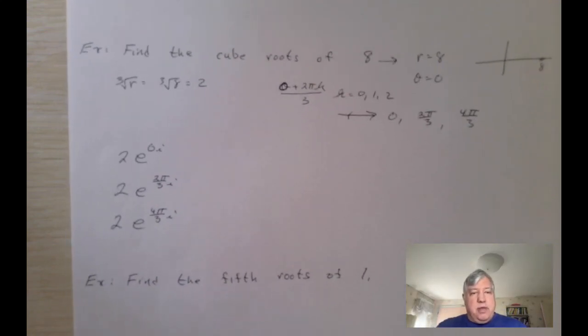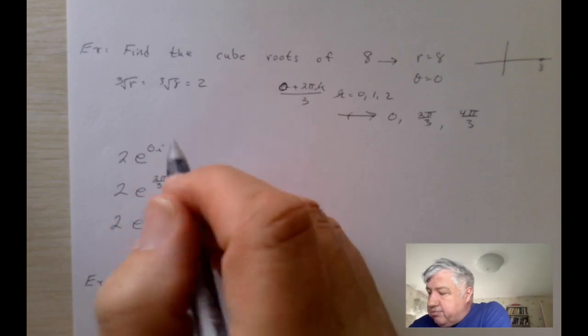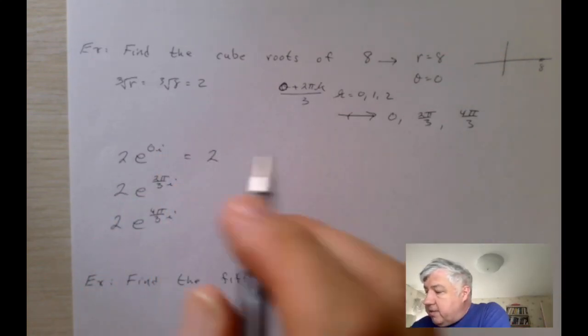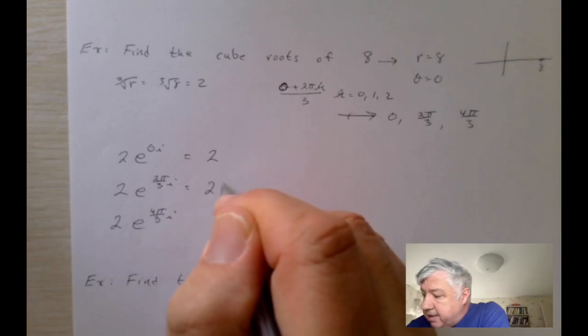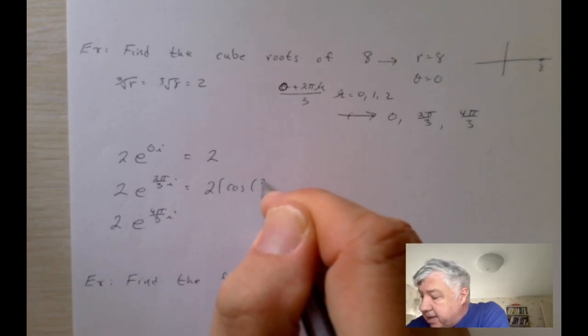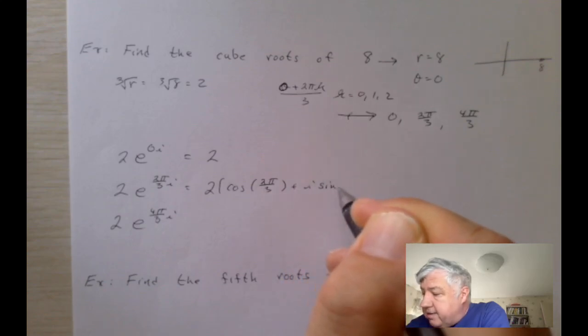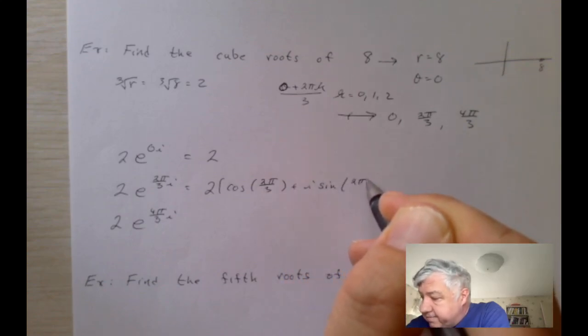So those are the 3 cube roots of 8. Now what is this? Well, the first one, of course, is just 2. Second is going to be 2 times the cosine of 2 pi over 3 plus i times the sine of 2 pi over 3.